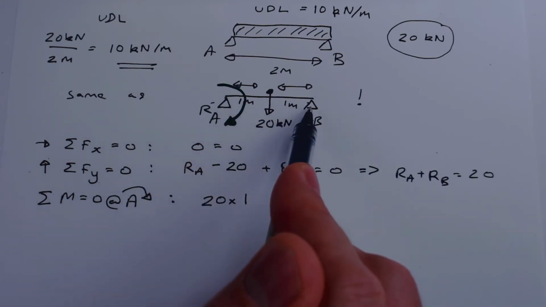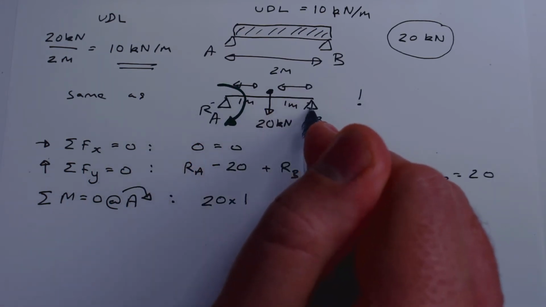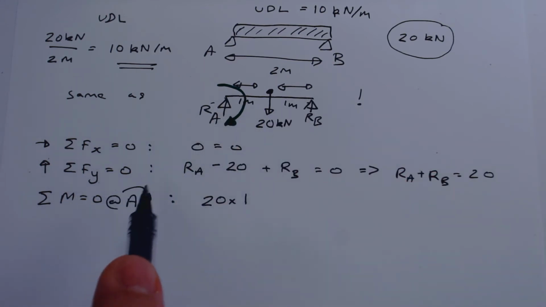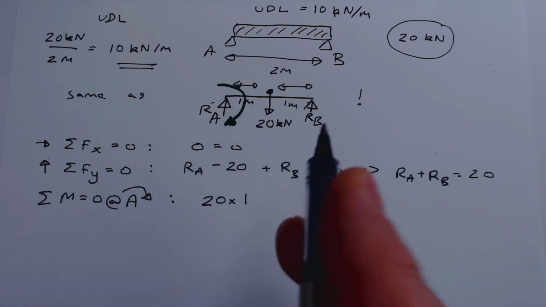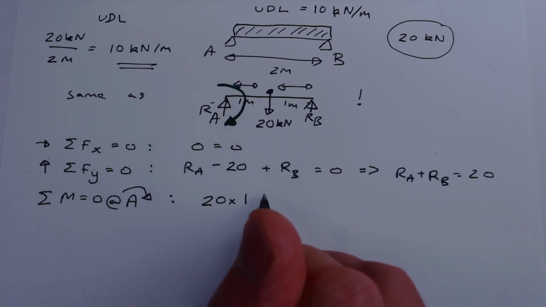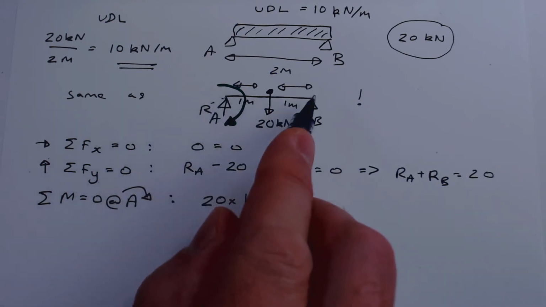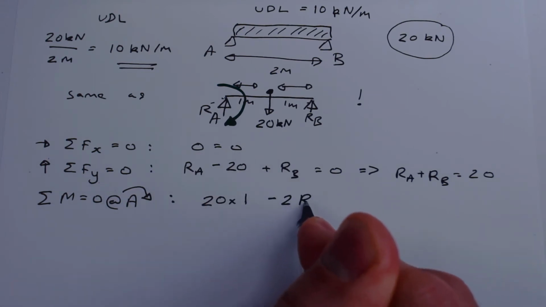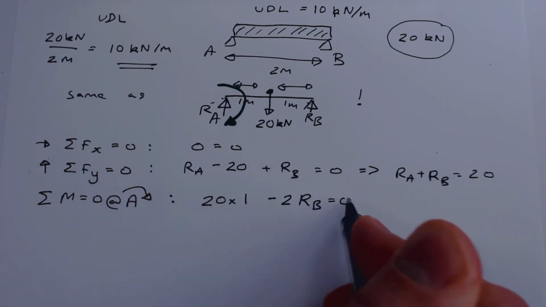Next one that I've got is this reaction force, which is pointing upwards. That's pointing downwards, so that's going to be a negative moment. So the distance from here to here is 2 meters, so minus 2 RB equals 0.